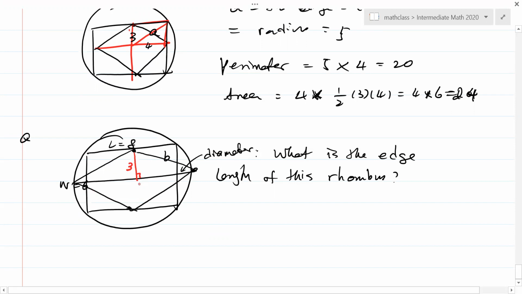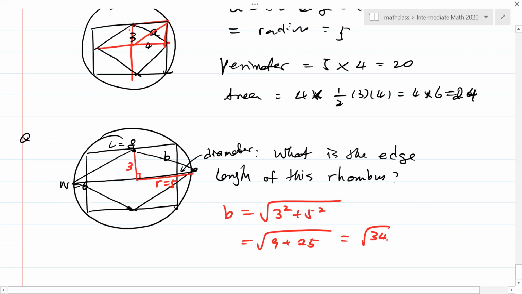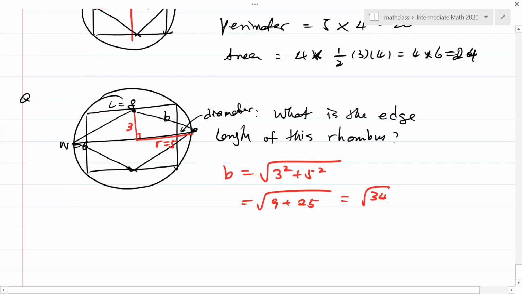And we already know this is the radius, which is 5. So B is going to be the square root of 3 squared plus 5 squared. That is 9 plus 25, which is 34, so B is the square root of 34. Got it?